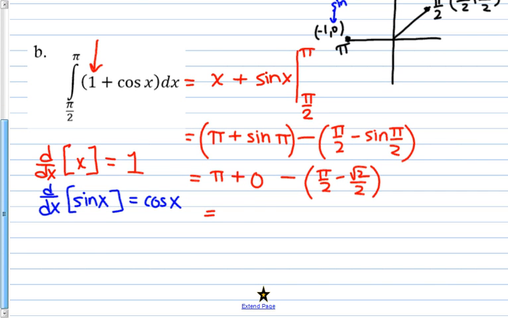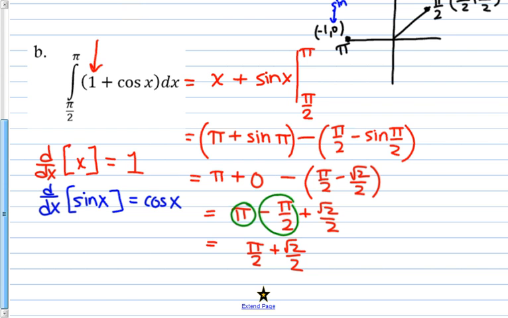I have pi minus pi over 2 plus square root of 2 over 2. And then I have a whole pi minus half of a pi. That just leaves me with half of a pi, right? A whole minus half, plus square root of 2 over 2. And there's my answer. Nothing else.